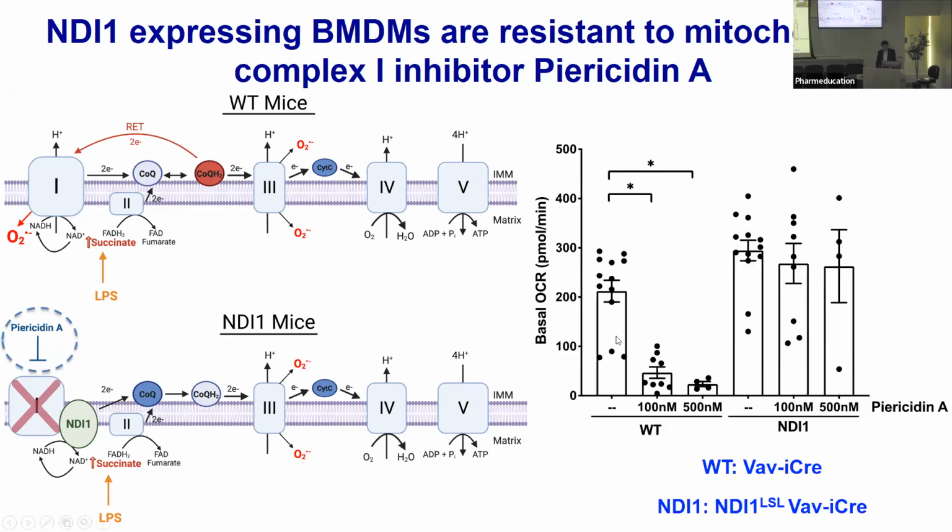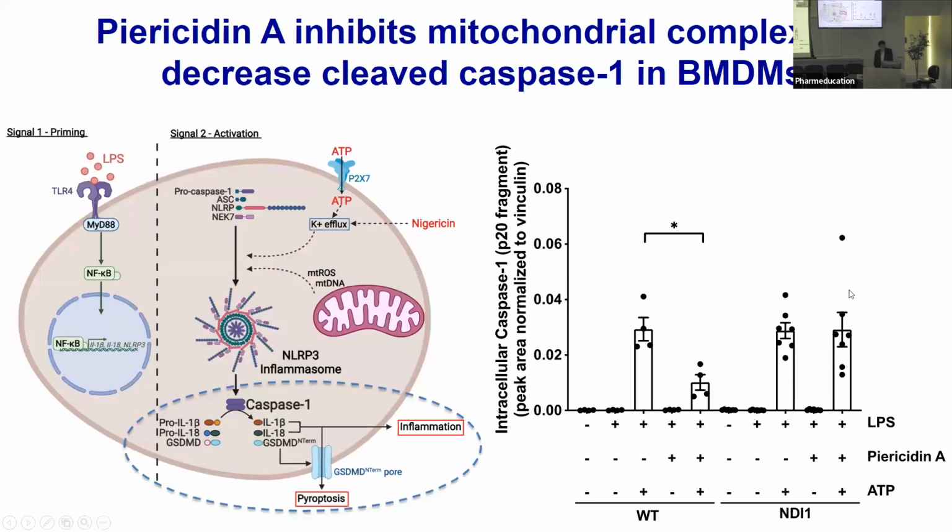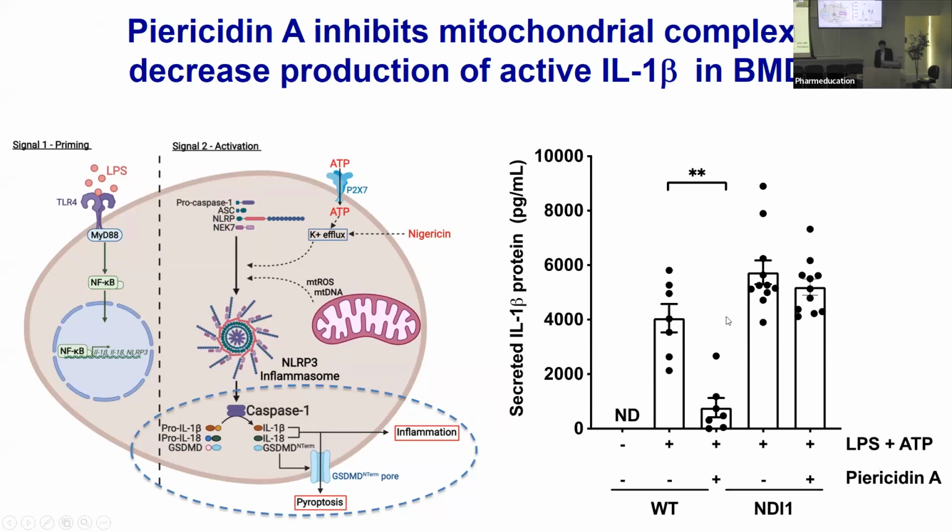All right. So you can see pyrsidin, 100 nanomolar and 500 nanomolar, decreases oxygen consumption rate. With NDI1, you completely rescue it, right? If you look at caspase-1 cleavage, it's down, but NDI1 completely rescues it. And you can do this with IL-1 beta. IL-1 beta goes down, and NDI1 completely rescues it.